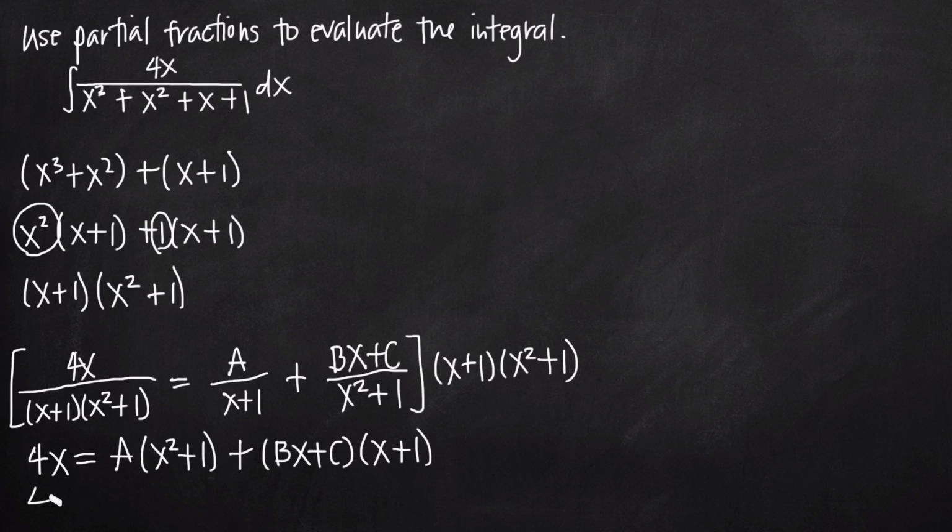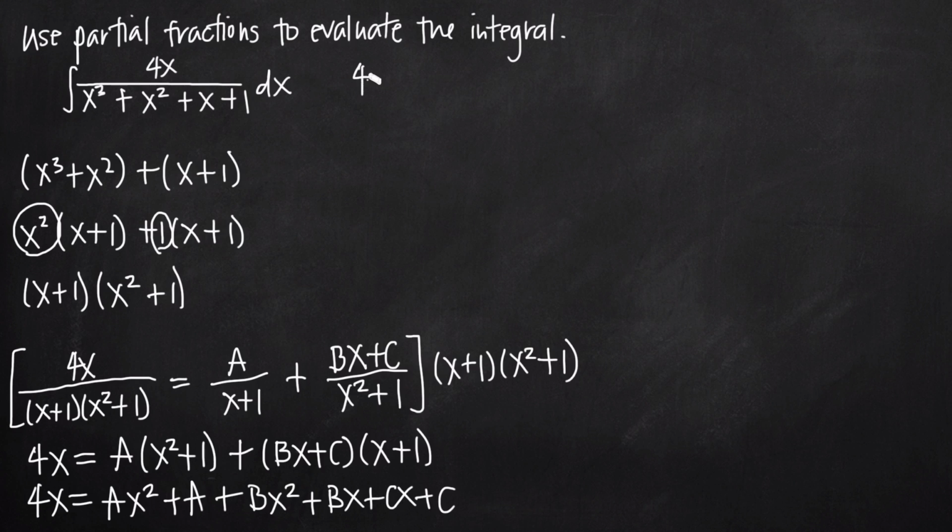From here, we'll go ahead and multiply out the right-hand side, and we'll get Ax squared plus A plus, multiplying these polynomials together, Bx squared plus Bx plus Cx plus C. And now we want to collect like terms, so we'll end up with 4x is equal to, looking at the x squared terms, we're going to have Ax squared plus Bx squared, which is the same as quantity A plus B, times x squared, and we've dealt with these two.